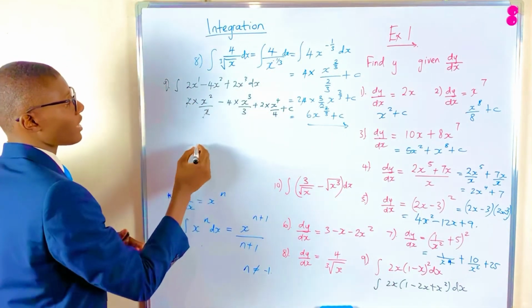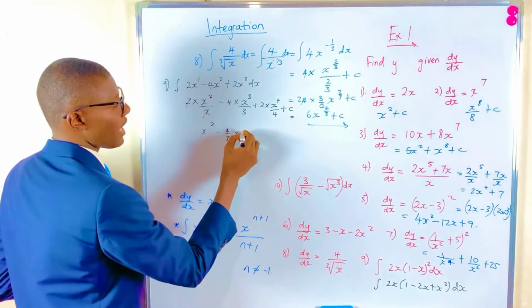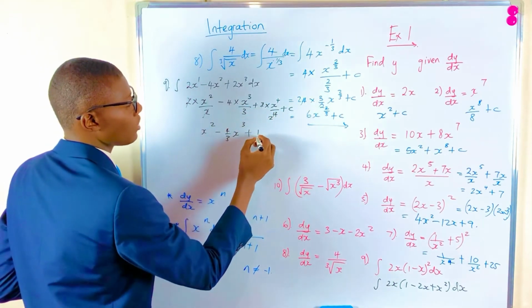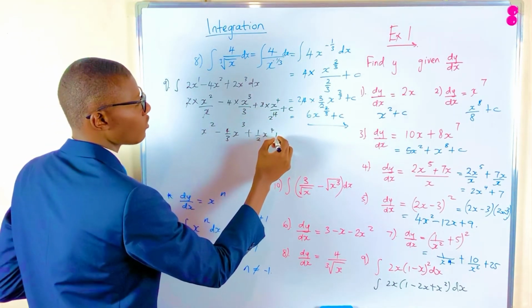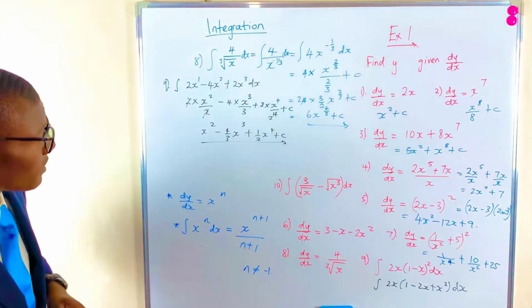This 2 and that will cancel, such that we've got x squared minus 4 over 3 x to the power of 3, plus 2 into 4 we get a 2, 1 over 2 x to the power of 4, plus the constant of integration c. So this is for number 9.